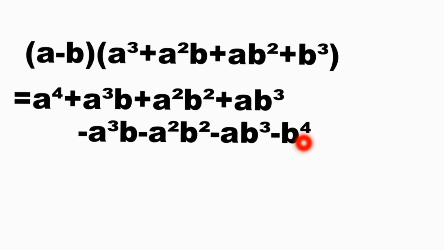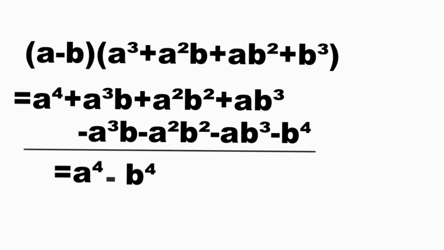So we have terms opposite in sign. This is plus and this is minus, plus and minus, plus and minus. So all of this cancels to zero.